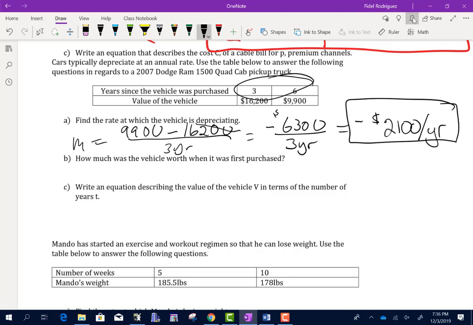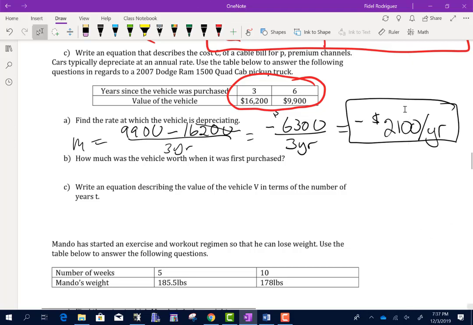Guys, let's take a look now. It says, how much was the vehicle worth when it was first purchased? Okay, so we can figure this out again by looking at these pieces of information here, okay? So it's up to us to decide which one do we want to use. Do we want to use the 3 and the 16,200, or do we want to use the 6 and the 9,900? Let me ask you a question. How do you think I could figure that out? So think about it this way.